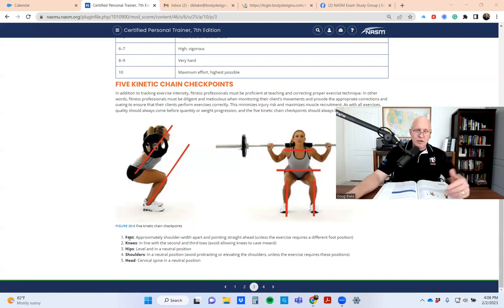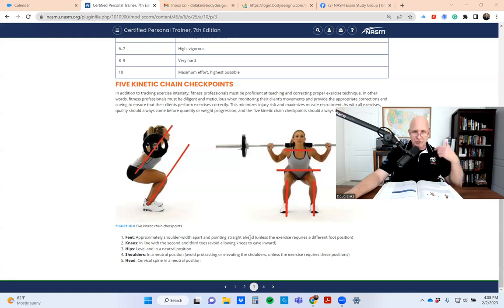And so if we kind of go back, you could look at those areas once again, but let's look here, the feet, right? The foot and the ankle, approximately shoulder width apart and pointing straight ahead. Stop. Don't read the rest. Don't read the rest.